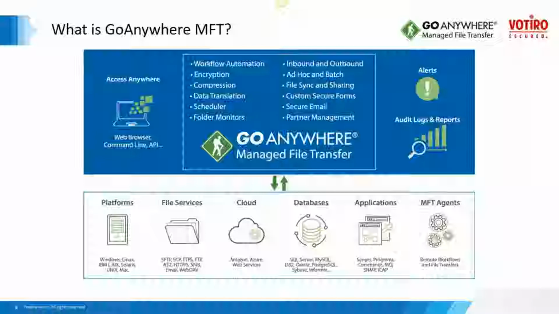What GoAnywhere does is extend the file system that you currently have and include touch points for all these other types of resources. That could include other types of platforms in your network. It could include an FTP server either in your network or outside of your network at a trading partner site.